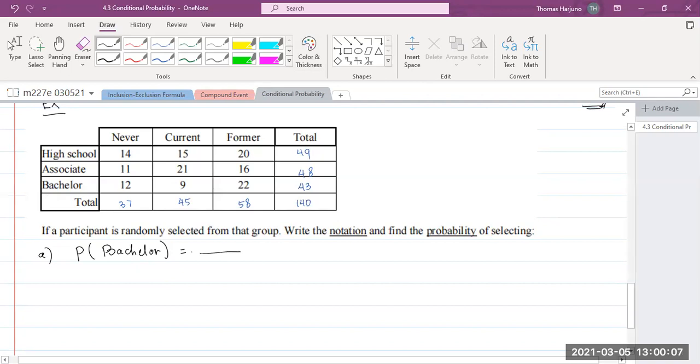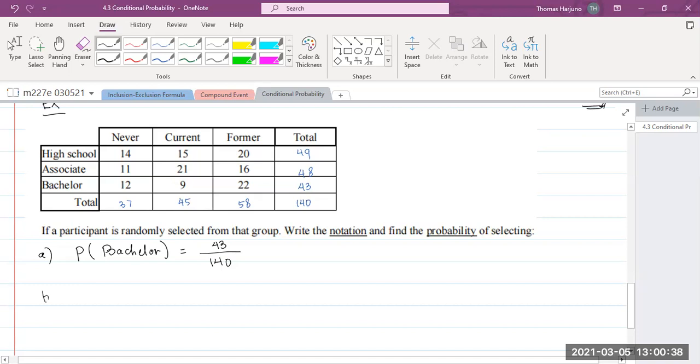So we select from 140 people. Of these 140 people, how many of them have bachelor? The total number of bachelor is 43, right? So the probability to select somebody with highest education level bachelor is 43 out of 140.